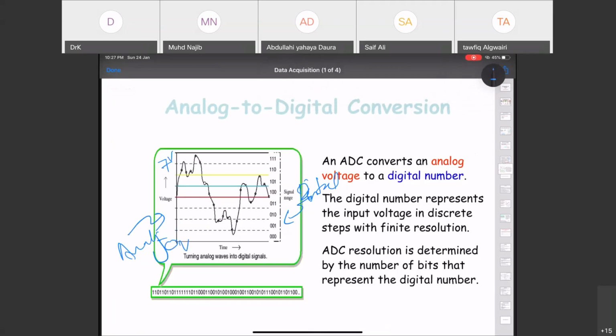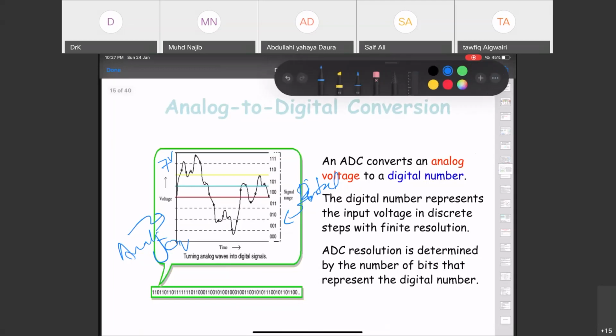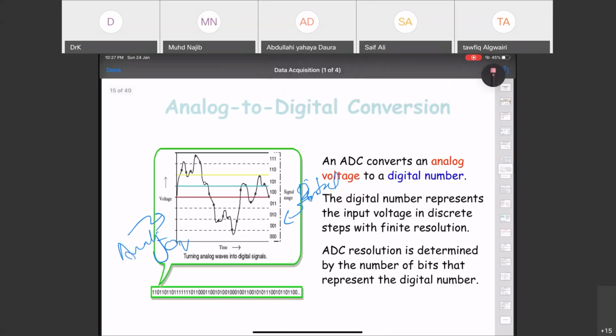It doesn't matter, you can basically choose any voltage. You can put 10 volt over here.